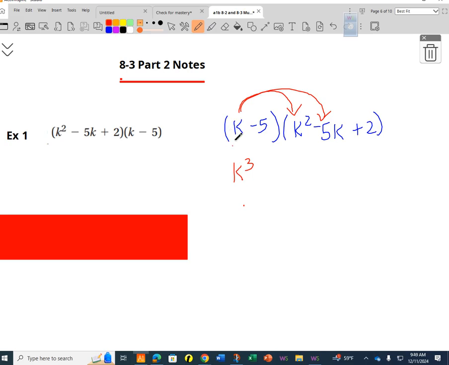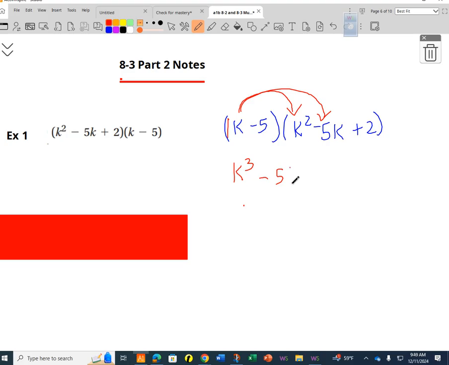What's this coefficient on here if we don't see it, Naya? 1. So remember, when you're multiplying these terms, number times number, variable times variable. So 1 times negative 5, that's minus 5 or negative 5, right? And k times k. What's k times k, Jeremiah? Use the cheat sheet if you need it.